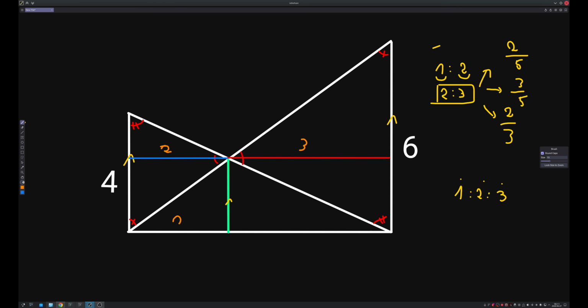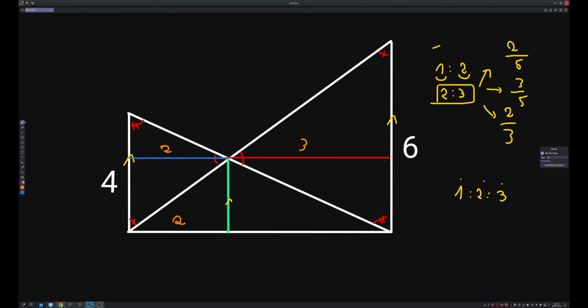So what would be the weight here? To know that, I will take 6, which is the equivalent of taking this whole line in my ratio, which is 5.